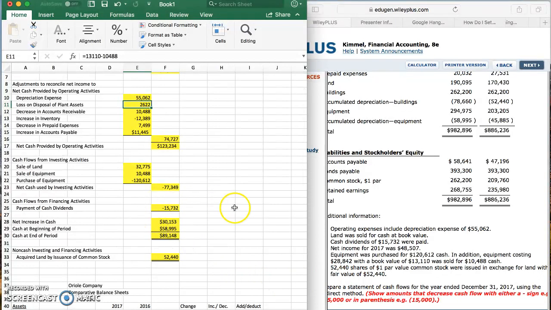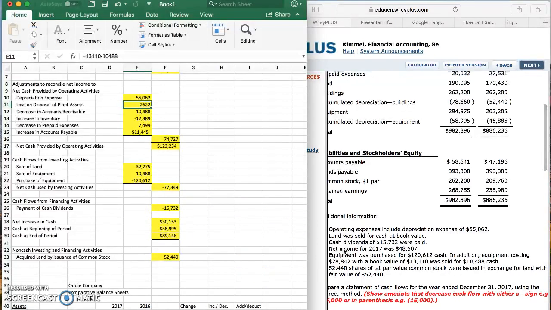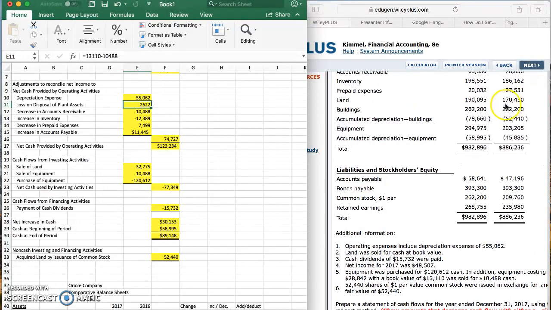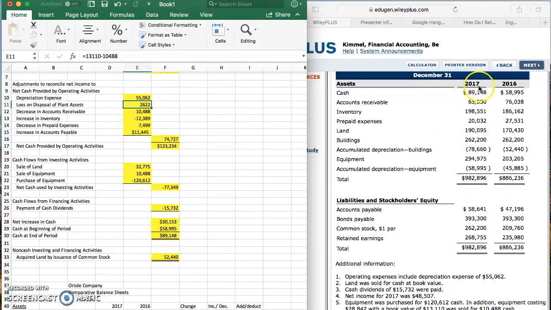So what you have to do is take the initial value of $170,430, add the $52,440 to that, and then subtract the current value of 2017 for the land, which is $190,095.